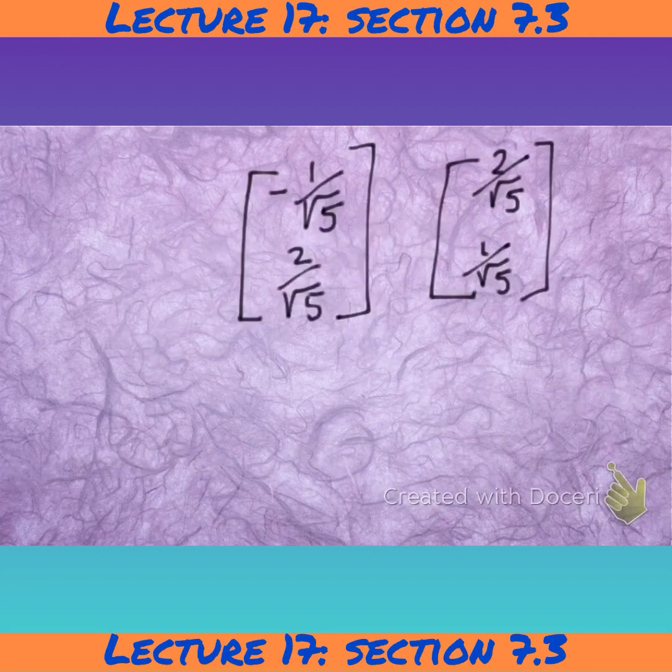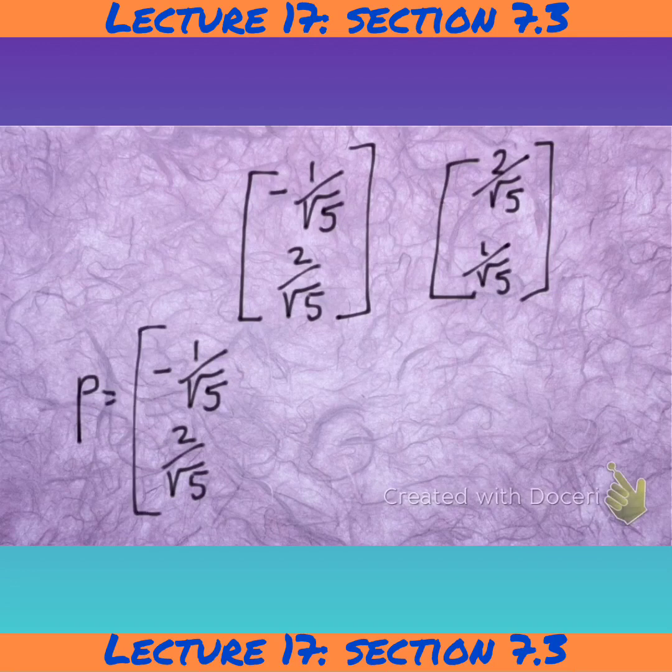Alright, so there we've got the two vectors from the two respective bases, and we're going to form our matrix P. And then the second column is going to be this.